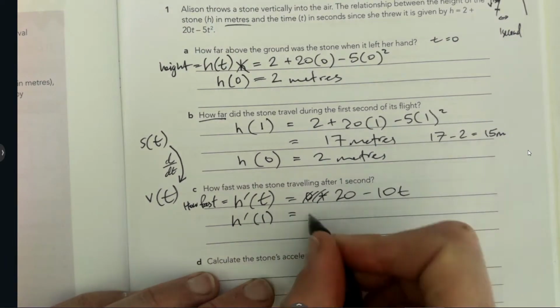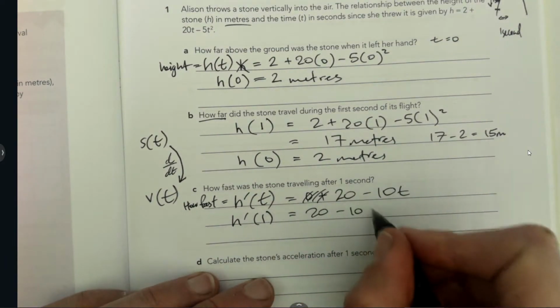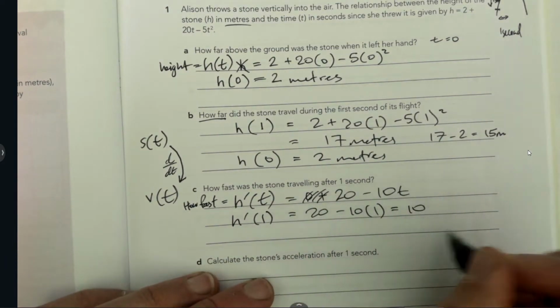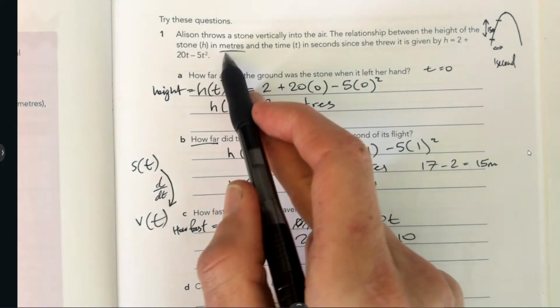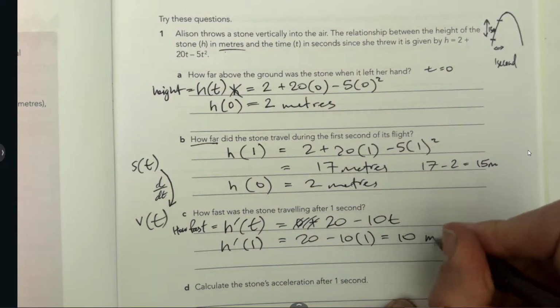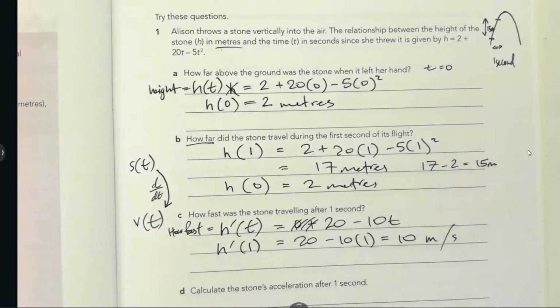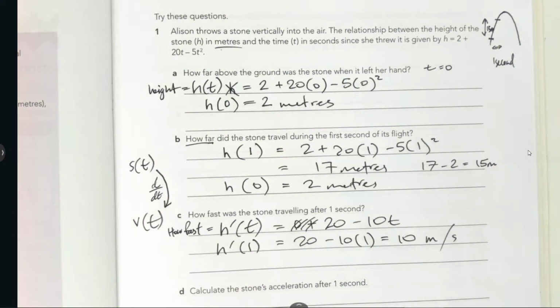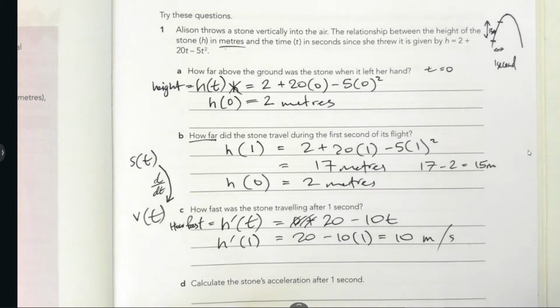So h dash of 1 is 20 minus 10 times 1 equals 10, and it's meters and seconds, so it's 10 meters per second.